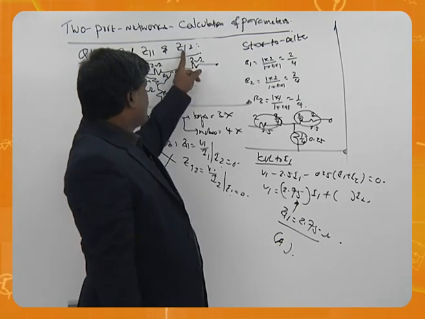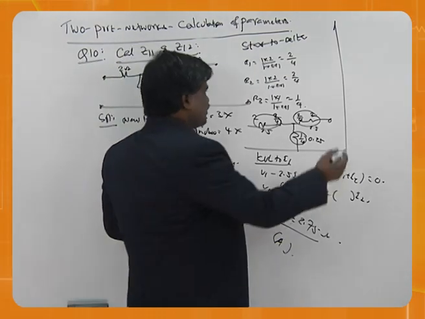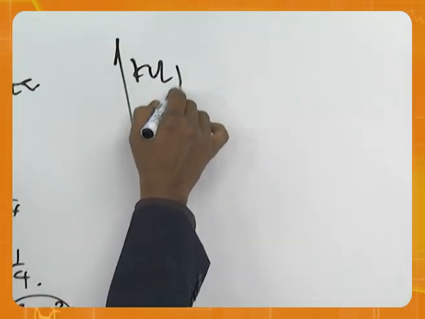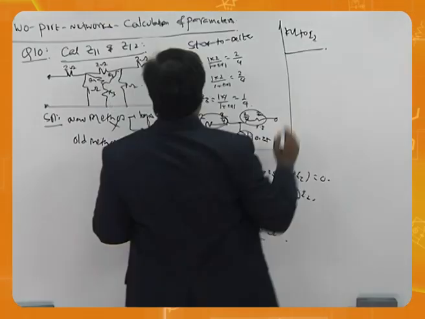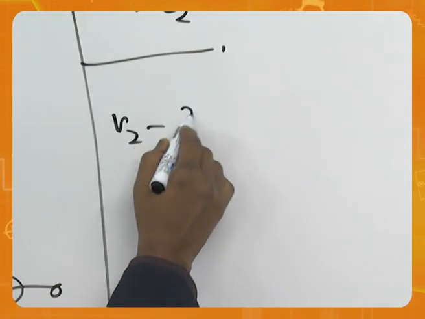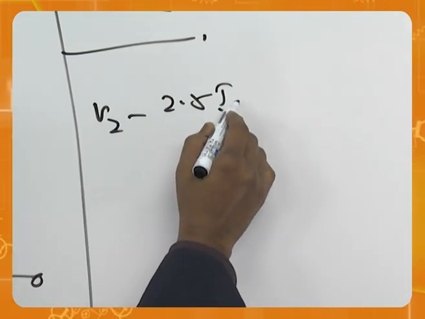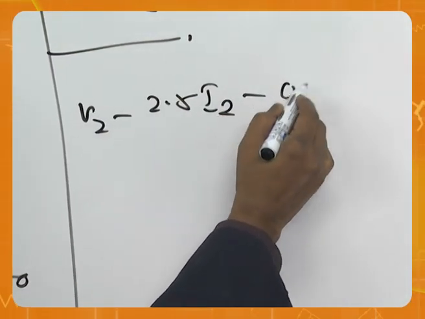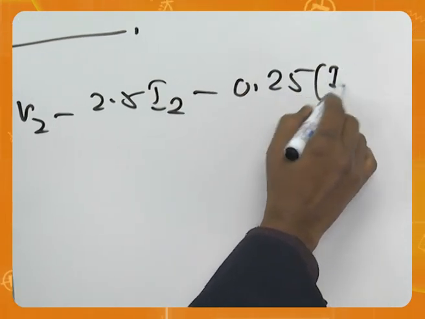To find out the second one, for that I will go for KVL to I2. When I go for KVL to I2, then I have this one here, V2 minus 2.5 I2 minus 0.25 I2 plus I1.